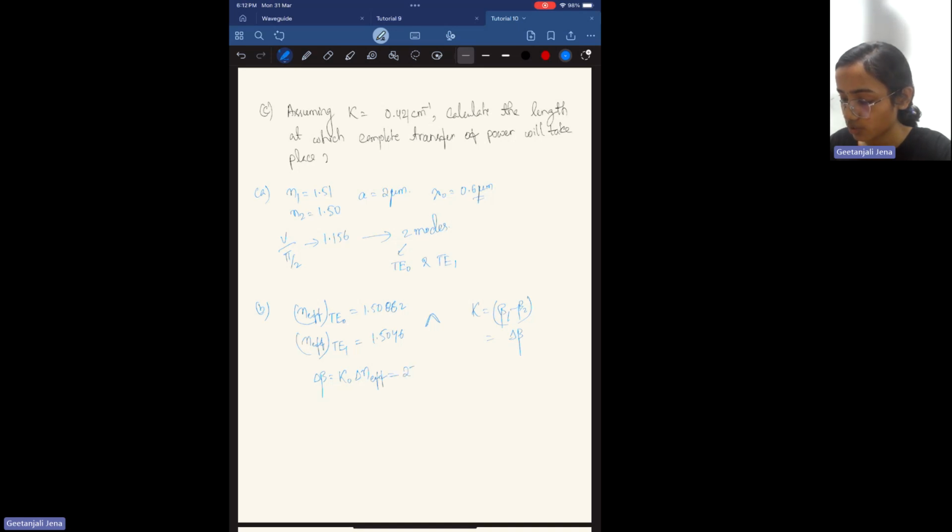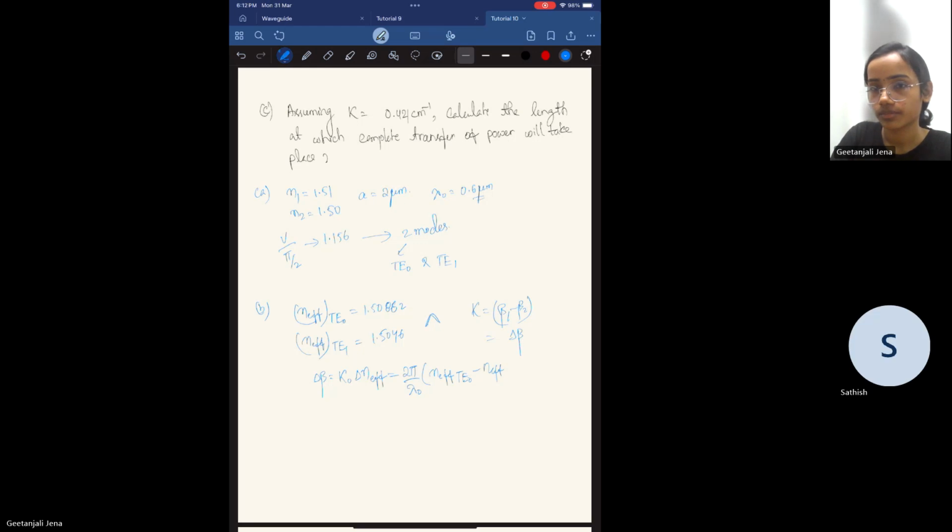We know k0 is 2 pi over lambda 0, and delta n effective is n effective TE0 minus n effective TE1.